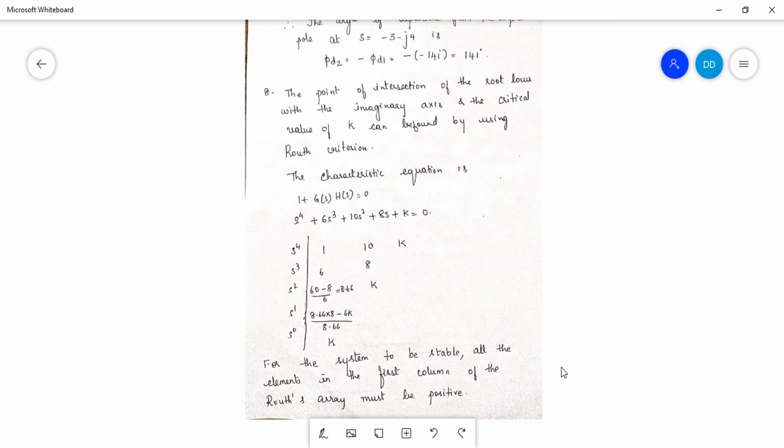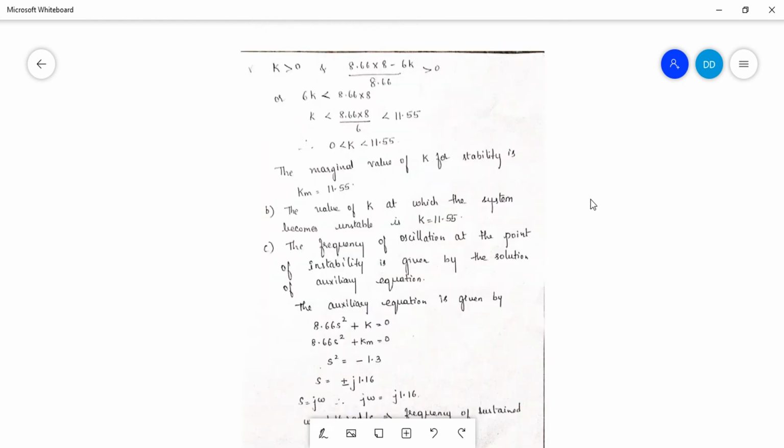If k is greater than 0, then if you see the s to the power 1 row, we have (8.66 into 8 minus 6k) by 8.66. That also has to be greater than 0. So k value should be less than 11.55.